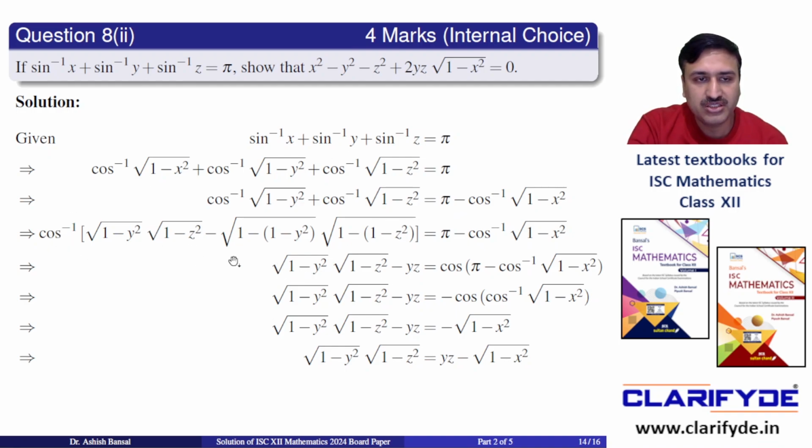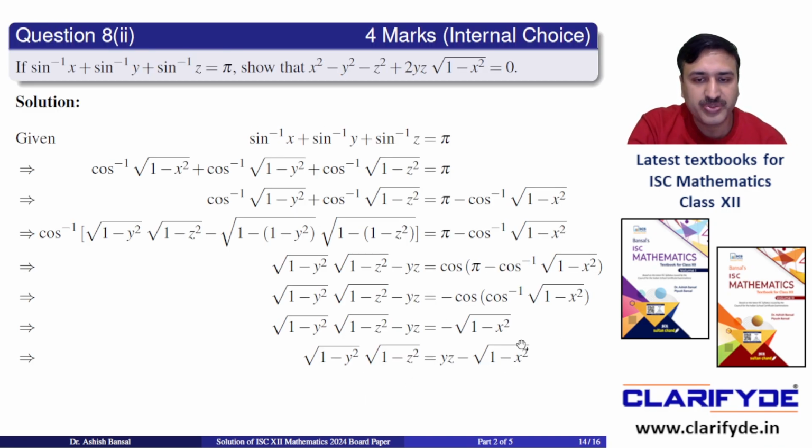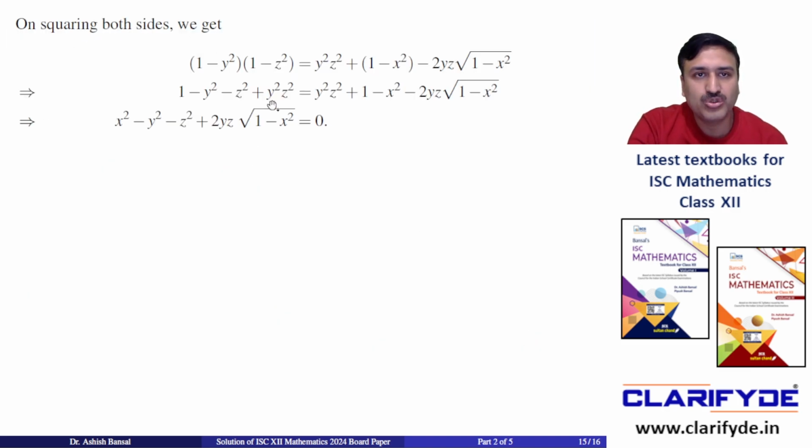We are left with this term root 1 minus y square root 1 minus z square, this is y and this is z, is cos of pi minus this quantity. Now simplifying this, we get this expression. On squaring both sides and simplifying, we get the required expression.